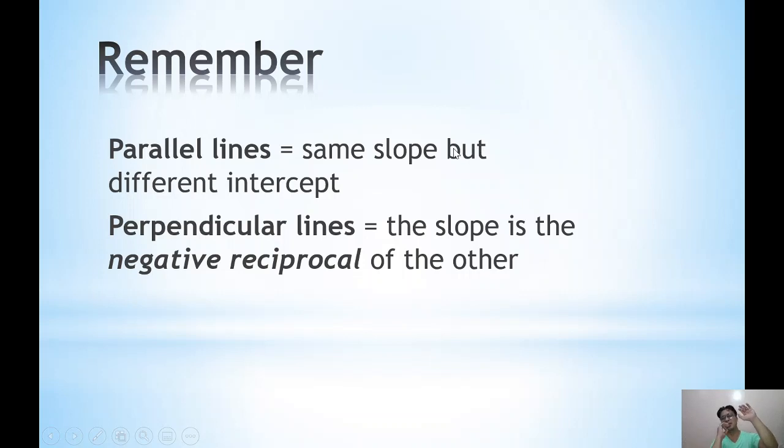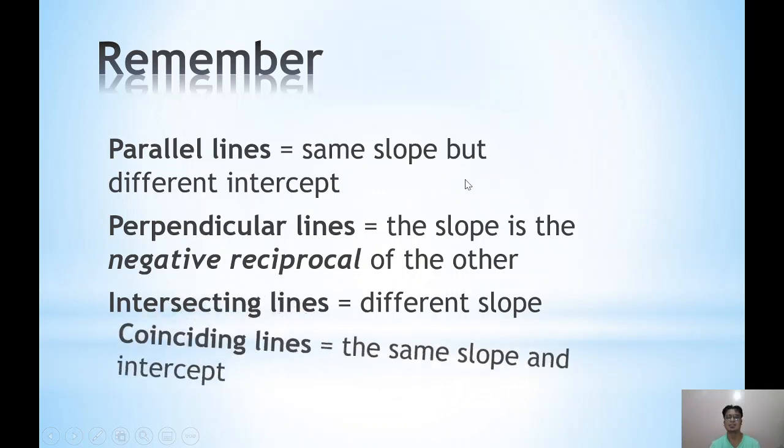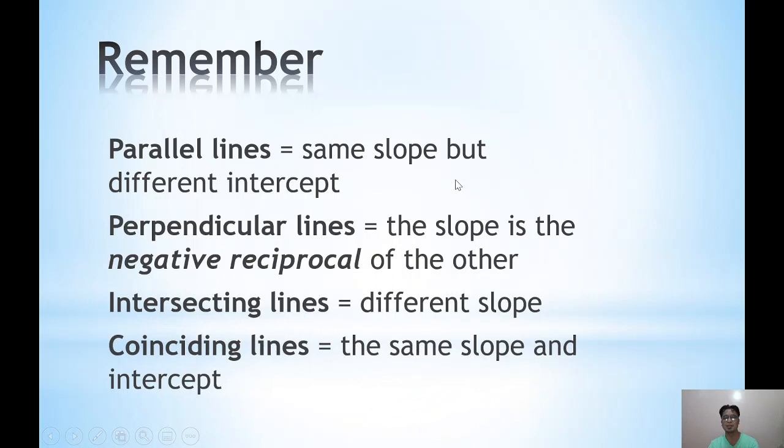Kung whole number yan, may denominator palagi yan na 1, baliktarin mo lang. Okay? So, yun lang. Magkaiba, tas negative. Magkaiba sila ng sign. Perpendicular lines. Pag magkaiba ang slope, intersecting lines yan. And last, kapag po parehas yung slope, parehas pa yung intercept, coinciding lines po yung tawag. Just by looking at the given, kaya po ninyong i-identify kung anong klase ng system of linear equation po yan.